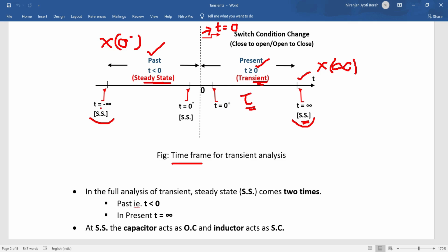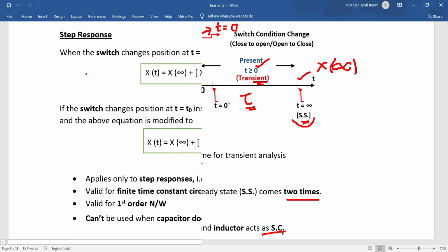So, in the full range of this time frame, steady state comes 2 times. One during t less than 0 and the other at t equals infinity. Also, you need to remember that at steady state, a capacitor acts as an open circuit and an inductor acts as a short circuit.